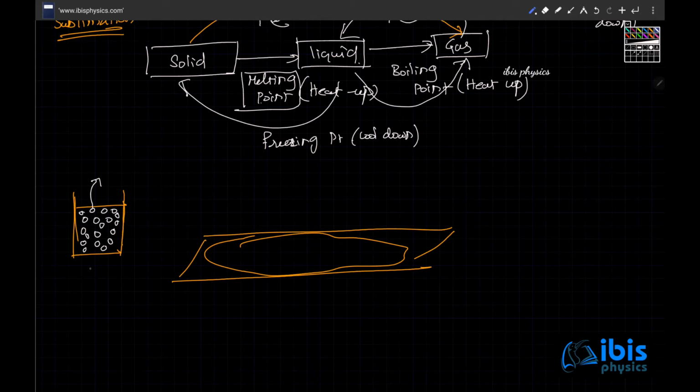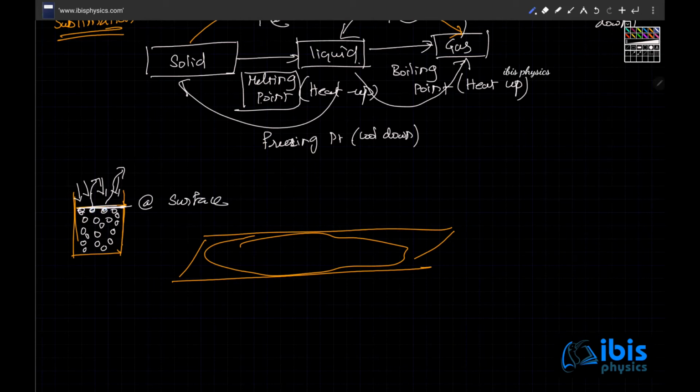Even when you don't heat up, at the surface there are a few molecules that sometimes escape into the gas, because the air molecules are constantly bombarding the surface. Accidentally one or two molecules receive energy from this and then they escape. And this is possible only at the surface.